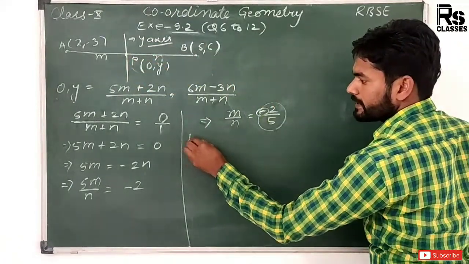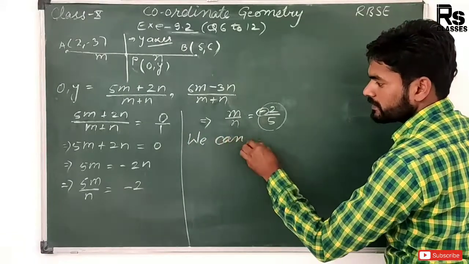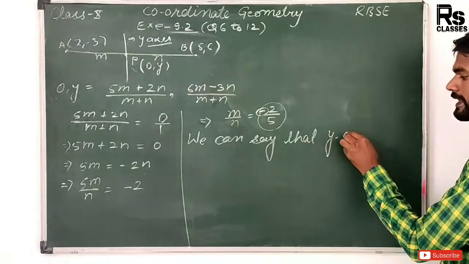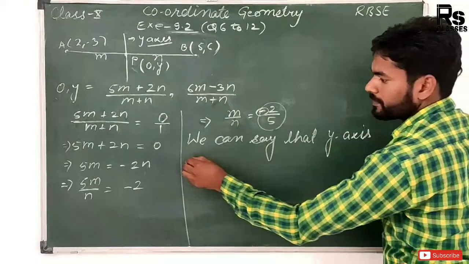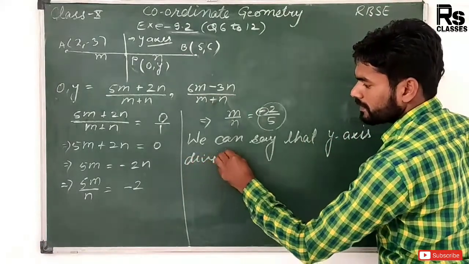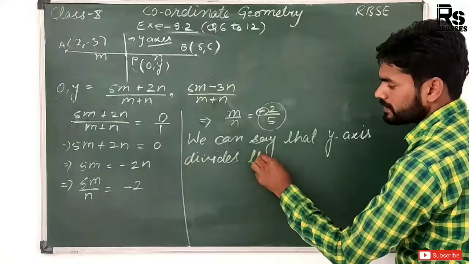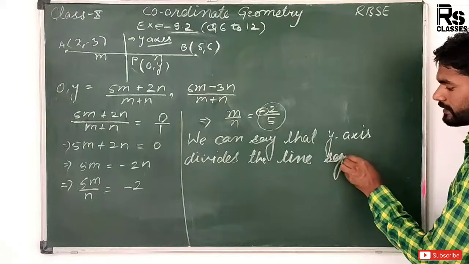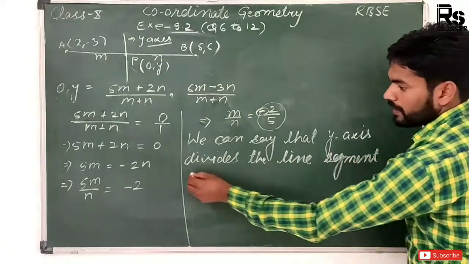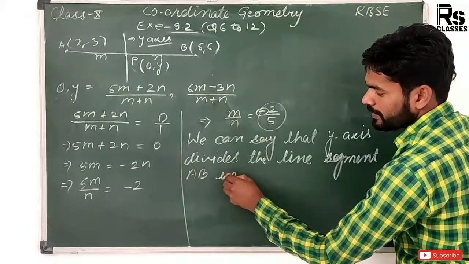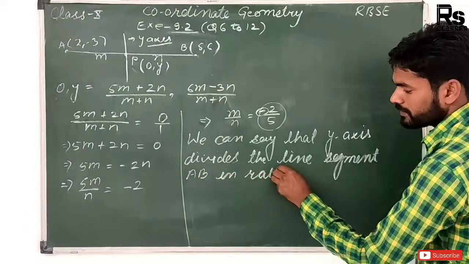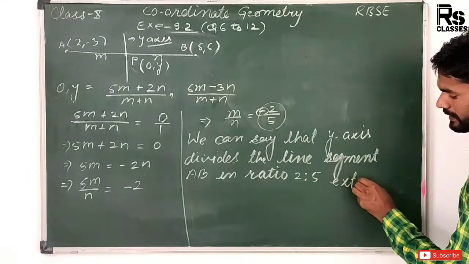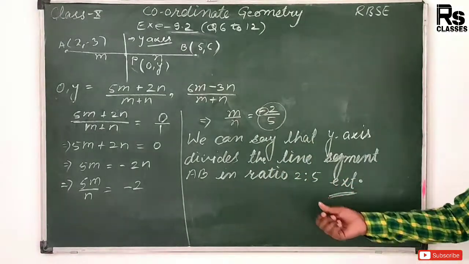So we can say that the y-axis divides the line segment AB in ratio 2:5 externally. Okay students, so this is the answer to our question.